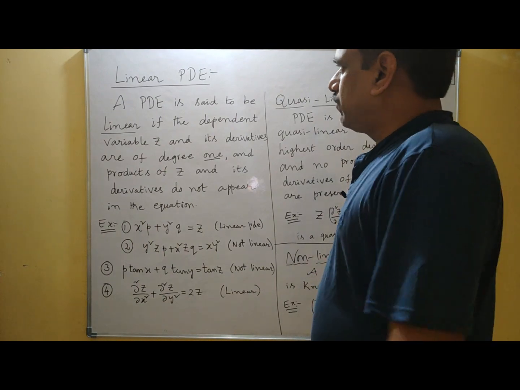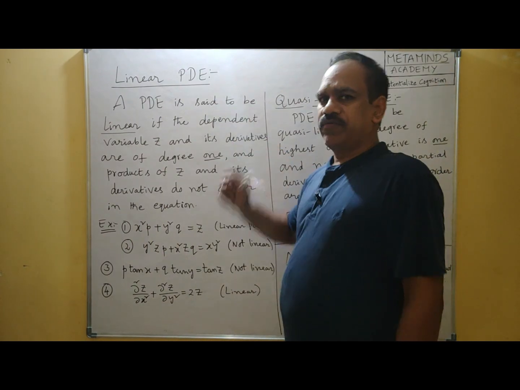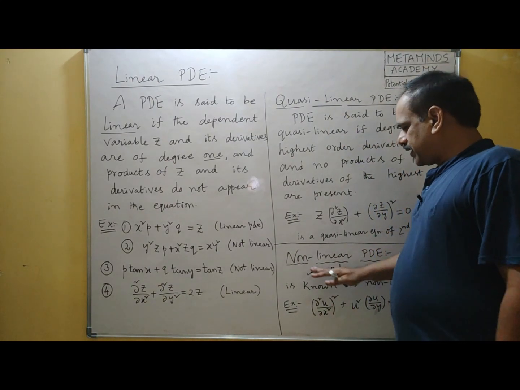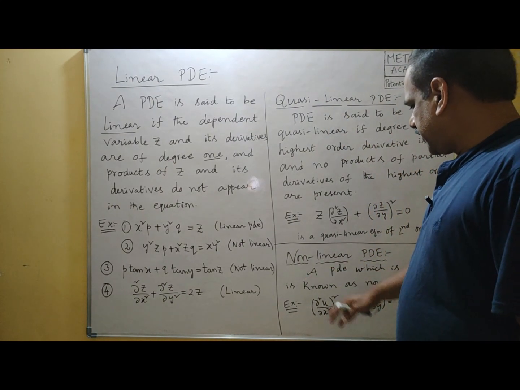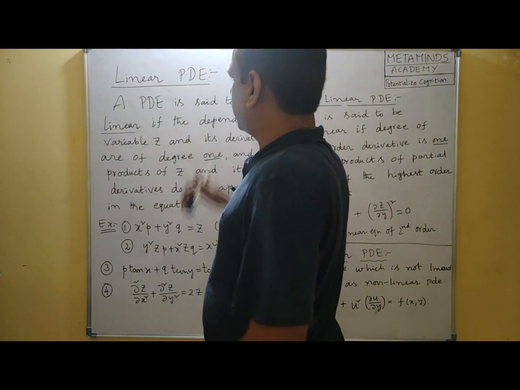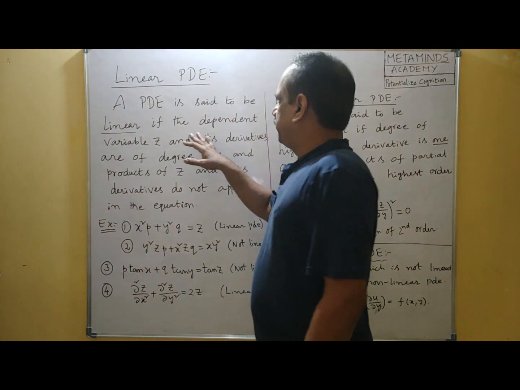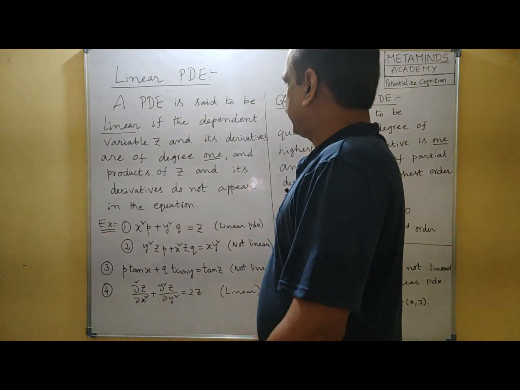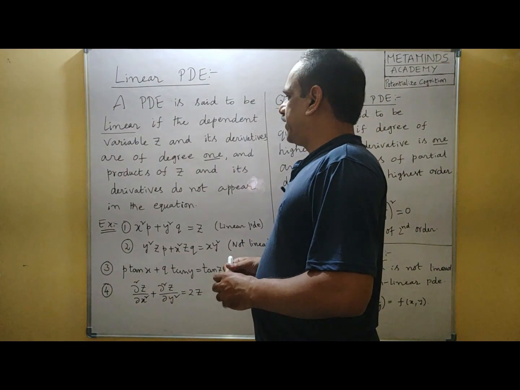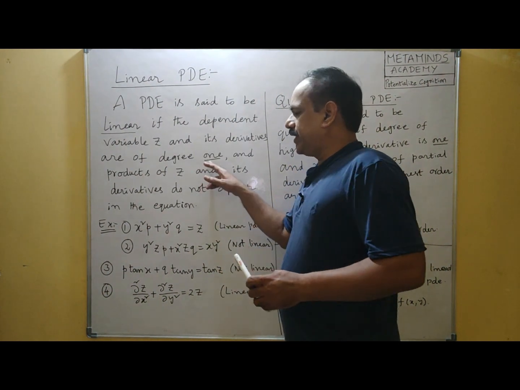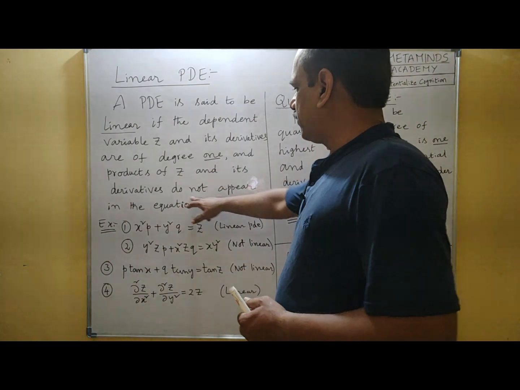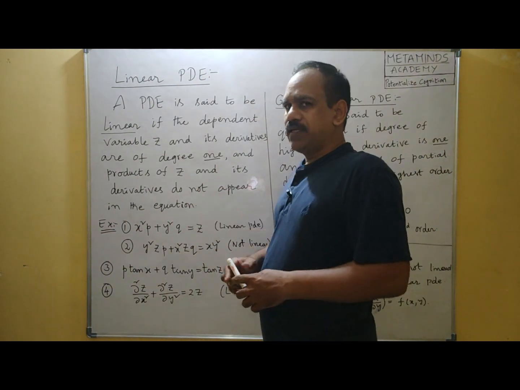Now let us see what a linear partial differential equation is, what a quasi-linear partial differential equation is, and when you call the equation a non-linear partial differential equation. Coming to the linear partial differential equation, a PDE is said to be linear if the dependent variable z and its derivatives are of degree 1, and products of z and its derivatives do not appear in the equation.